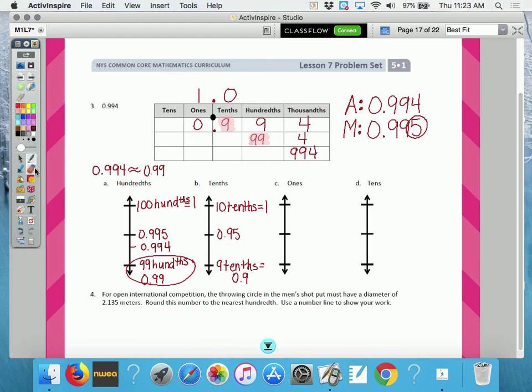So over on my midpoint, I'm going to erase and change it. Diamete, which one's larger, the actual or the midpoint? The actual. So if the actual's larger, where do I write it, Diamete? On top. Very good.